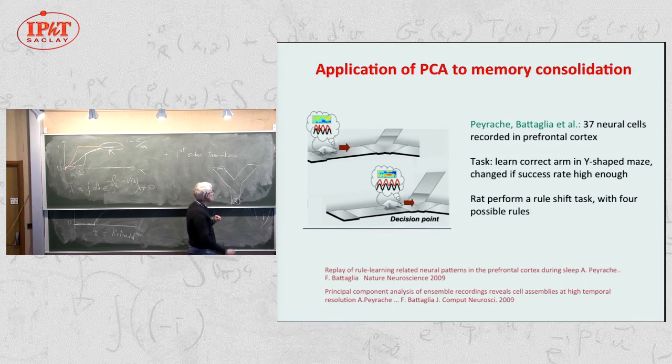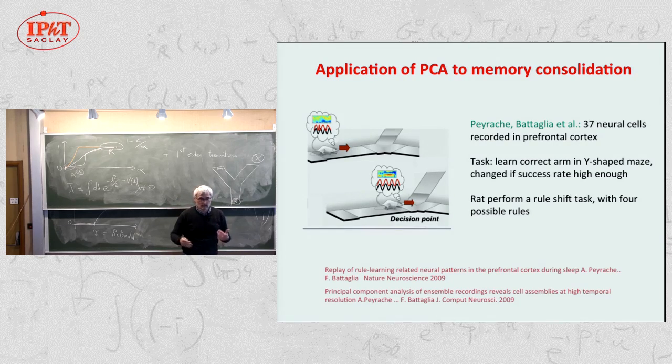Another rule would be to put the food on the right arm, but that would be too easy, the rat would understand immediately. So they have rules where, for instance, you have a light here, and the rat has to understand he has to go where the light is on. Sometimes the rule can also be that the rat has to go where the light is off, where there is no light.